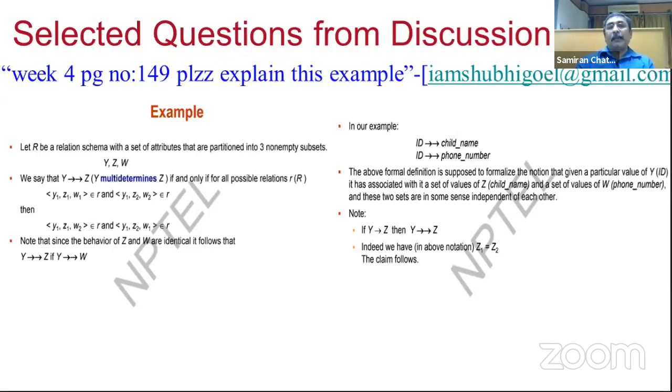This example, child name, phone number, is not the best example that I can think about. Think about another, maybe also a very popular example. Maybe three columns. One is the model number of a car. The second one, manufacturing year. And the third one, color of the car. Now, manufacturing year and color of the car are two different attributes which are independent, right?